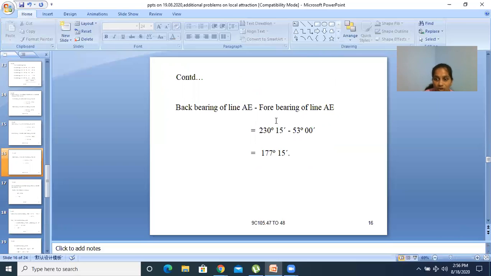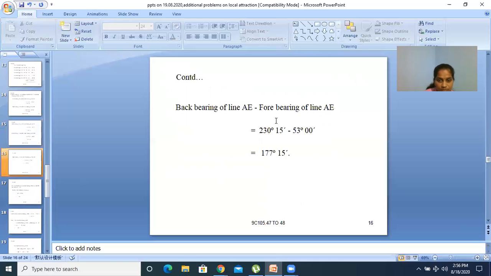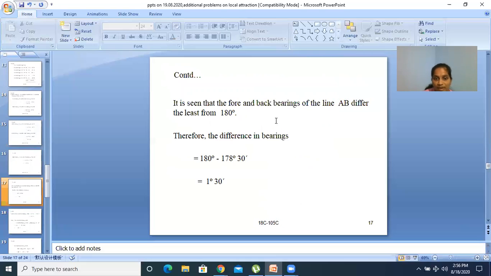By comparing all of these, the AB line has the least difference between the forebearing and back bearing. So we will consider it as the correct one.